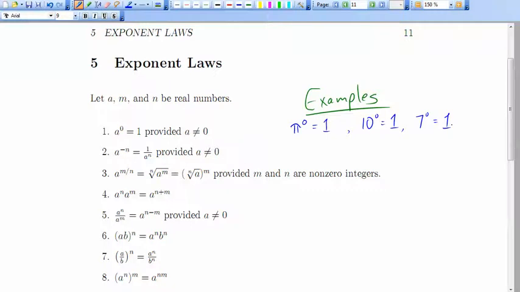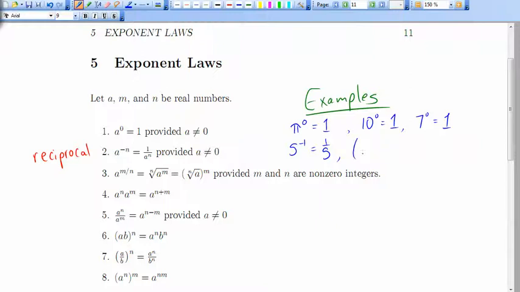The next one tells us how to deal with negative exponents. It says if you have a negative exponent, that corresponds to a reciprocal. Now, what does that mean? It means if I have, let's say, 5 to the negative 1, that would be 1/5.